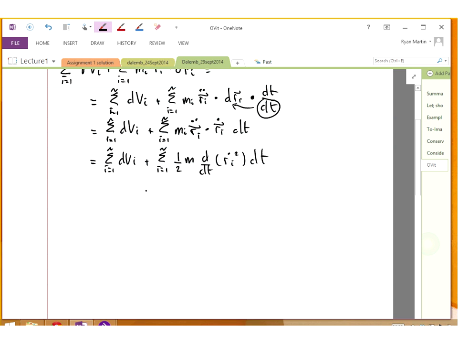And I get the sum i equals 1 to n of dV_i plus the sum i equals 1 to n of a half m d of r_i dot squared.